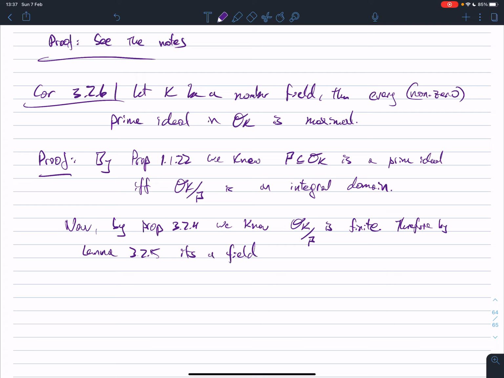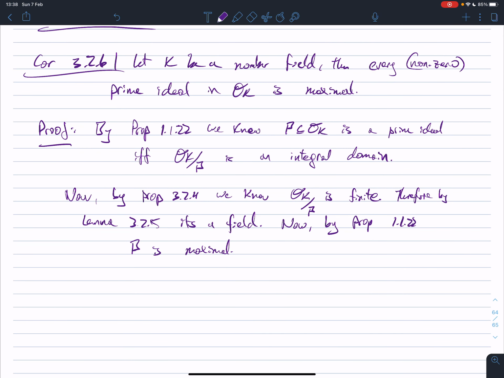So it's some finite field, and we know what all these finite fields look like. So now, again by the results from the first chapter, by proposition 1.1.22, P is maximal, because an ideal is maximal if and only if when you quotient out by it you get a field.